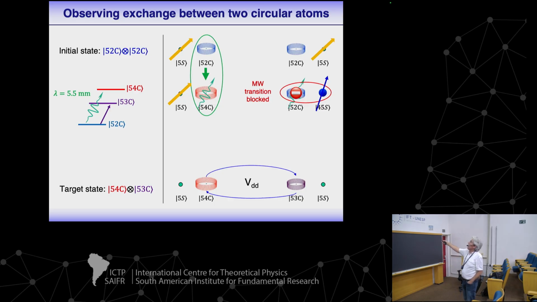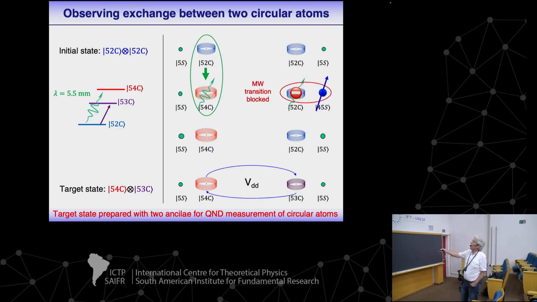So this 45S atom produces a dipole blockade on the microwave transition, and then after this step, we have prepared 54C, 52C. And then the interaction there, which is the same as the one we use for quantum non-demolition, can also be used for performing local addressing of circular atom states. And then the last point for inducing exchange between these two states is a single photon transition, a microwave pulse on the 52C to 53C transition.